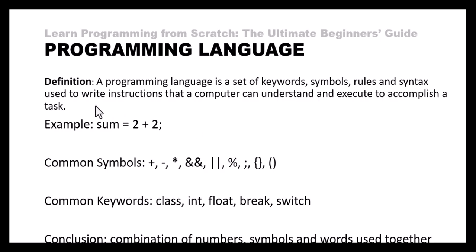It is a set of keywords, symbols, and syntax used to write instructions that a computer can first understand and then execute to accomplish the given task. That is what a programming language is. We're still going to study more about programming languages before we begin to do the actual programming.